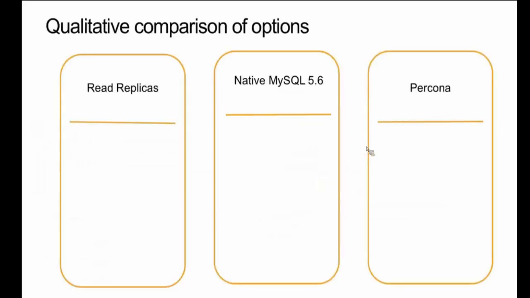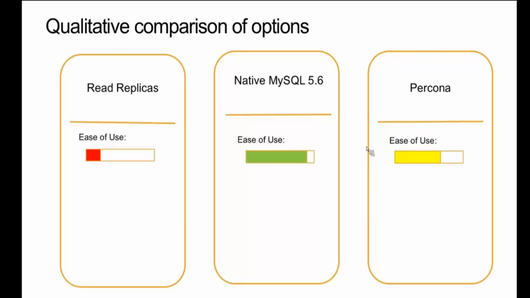So if you're just looking at the three different ways of doing replica schema changes and comparing them to the three areas of consideration we talked about, the easiest to use is the native MySQL 5.6 online schema changes, and then read replicas.